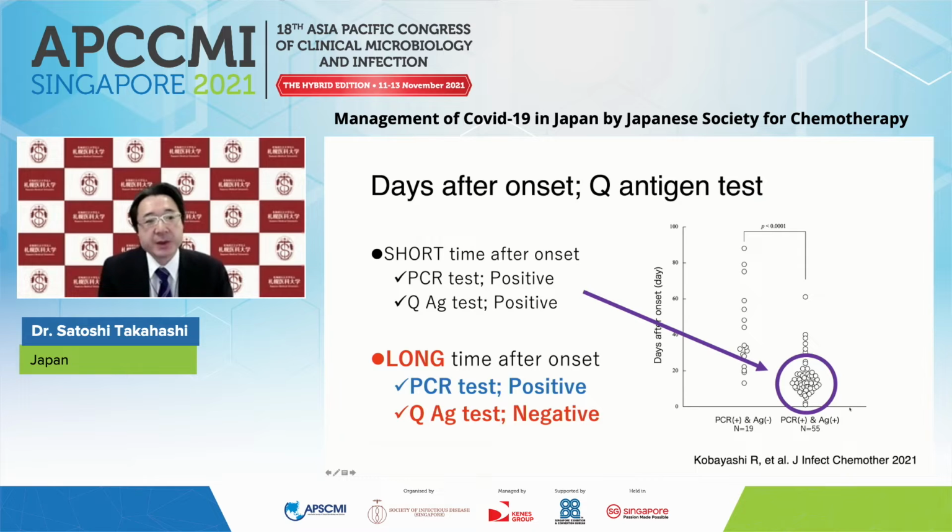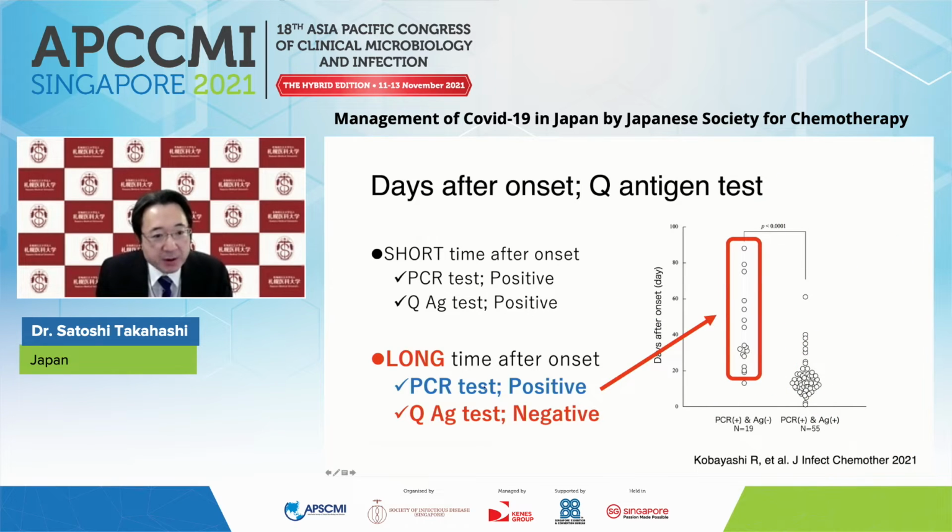This group was a short time after onset, days after onset. So they are also positive by PCR and positive by the quantitative antigen test.